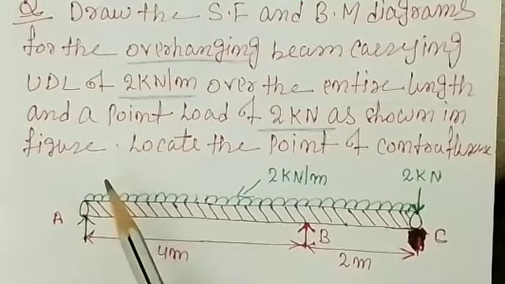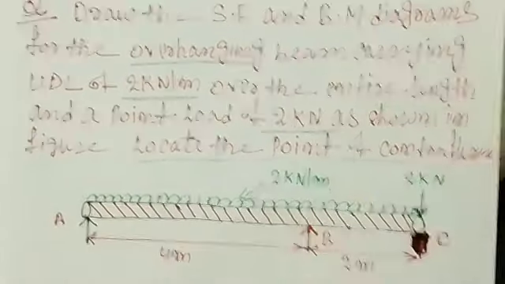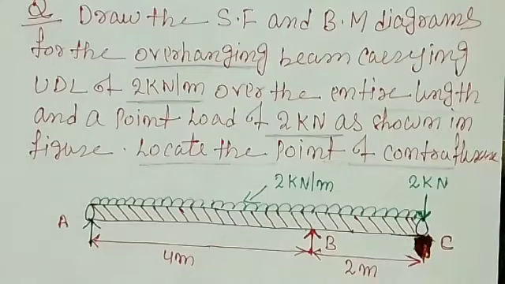Locate the point of contraflexure. So this is the question: one overhanging beam is given on which the UDL as well as the point load is acting. First of all you need to draw the shear force and bending moment diagrams, and then find the point of contraflexure. The point of contraflexure is obtained only when the bending moment changes its sign from positive to negative, right?